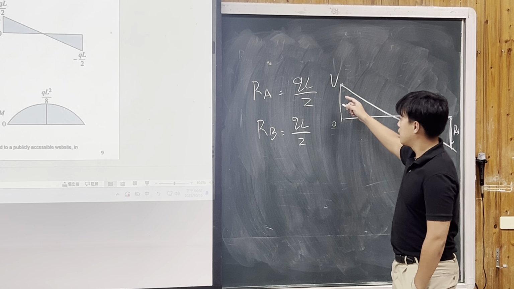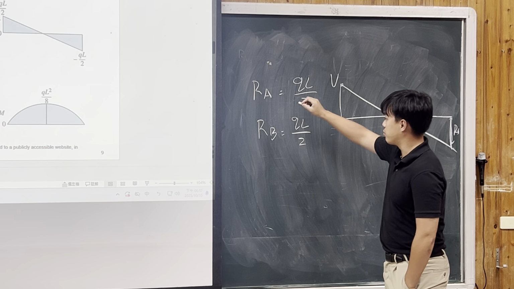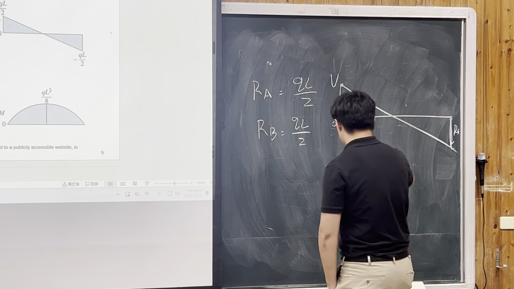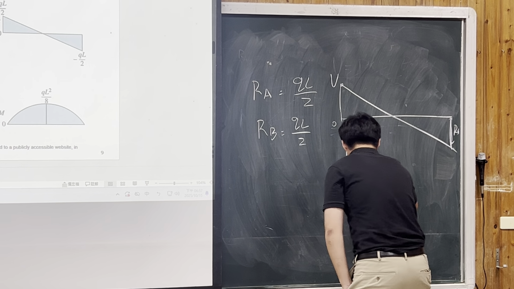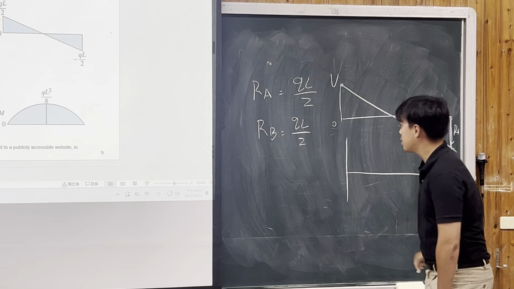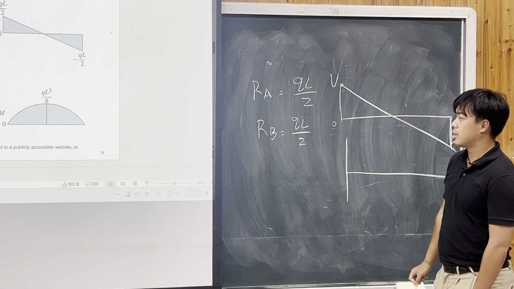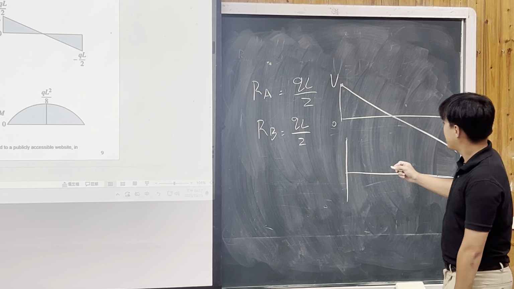Once we calculate the reaction forces from A and B, by drawing a line between these two points, we can get the shear diagram. And the moment diagram is even easier.